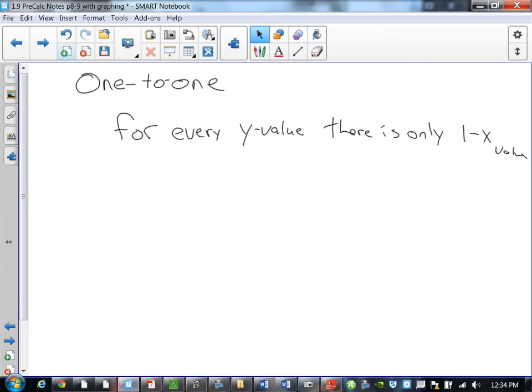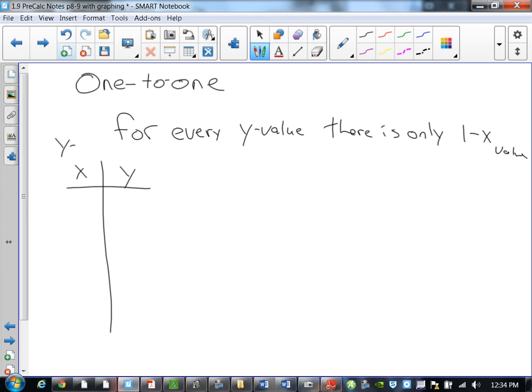So if you think about it in terms of a table, if I have x and y, and I'm looking at y equals x squared, with x values of -2, -1, 0, 1, and 2, we get y values of 4, 1, 0, 1, and 4.